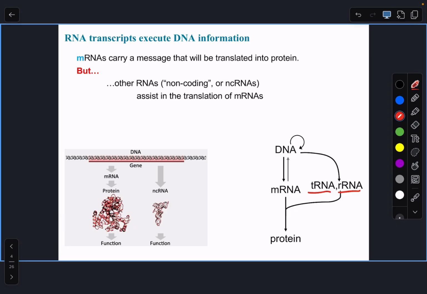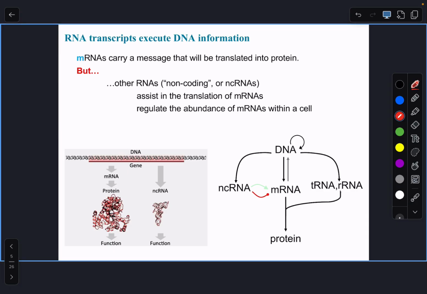But there are other kinds of non-coding RNAs. There are RNAs that regulate the abundance of other messenger RNAs within cells. We'll study some of these in more detail in a few weeks, but some of these non-coding RNAs can either stabilize certain messenger RNAs within cells, make them live a little longer, or actively destroy them and basically make them live a lot shorter.